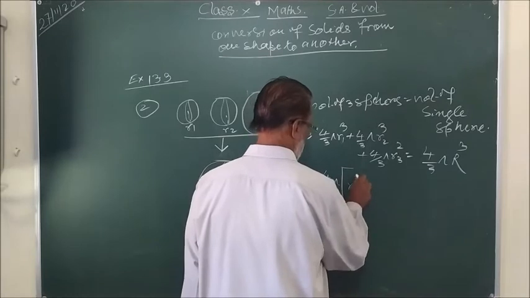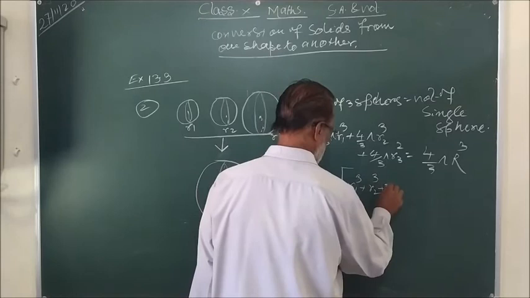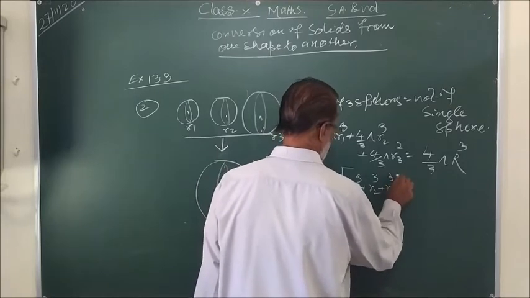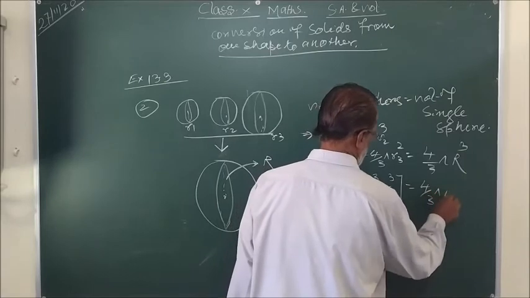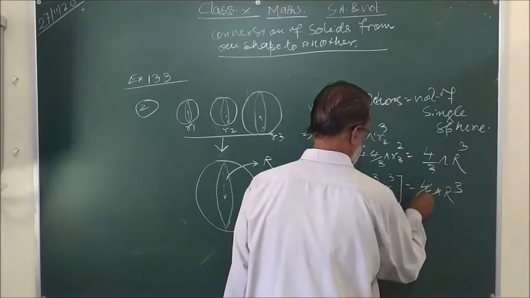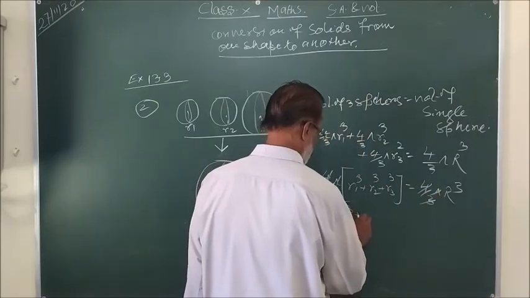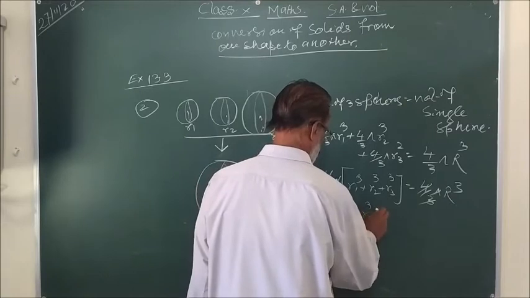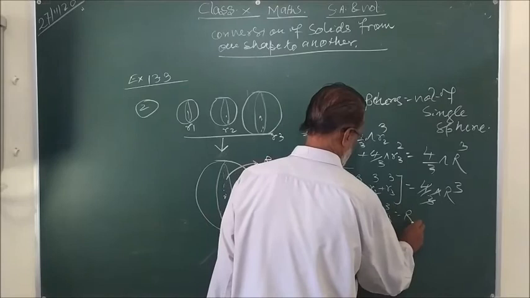So this will be R1 cube, R2 cube, and R3 cube. This is the technique. And on the right, 4 by 3 pi capital R cube. Pi cancels, 4 by 3 cancels. So this is R1 cube plus R2 cube plus R3 cube is equal to capital R cube.